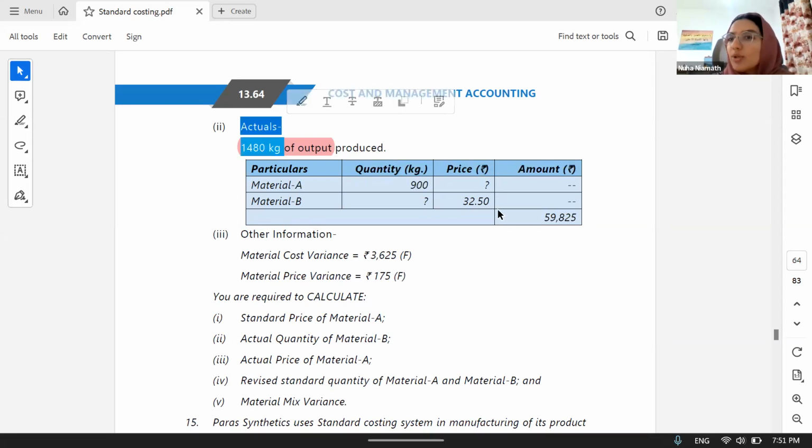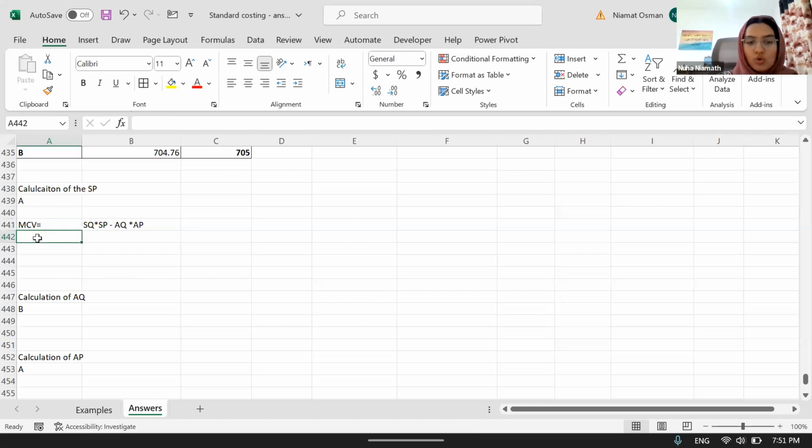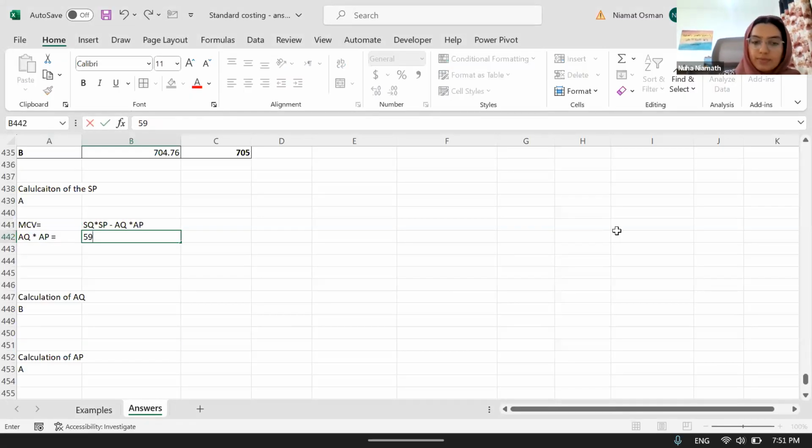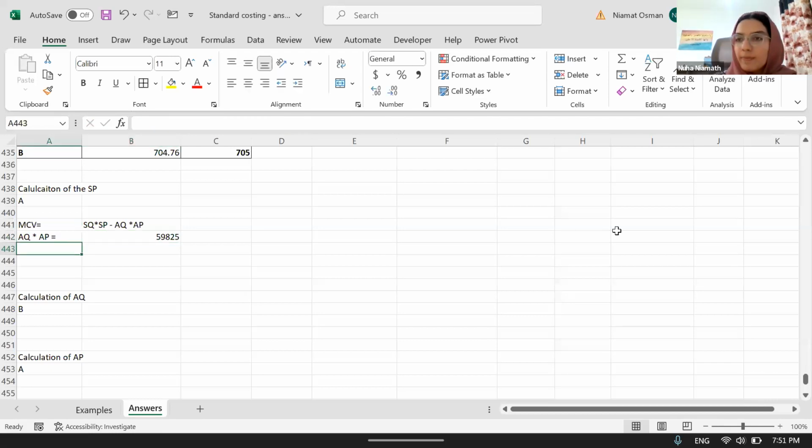So the total AQ into AP is given already to us as 59,825 in the question itself. So we can say AQ into AP is equal to how much? 59,825. Clear? Everybody following?